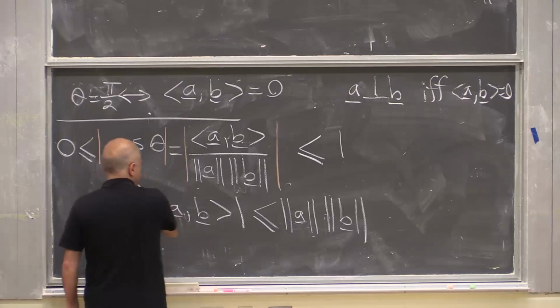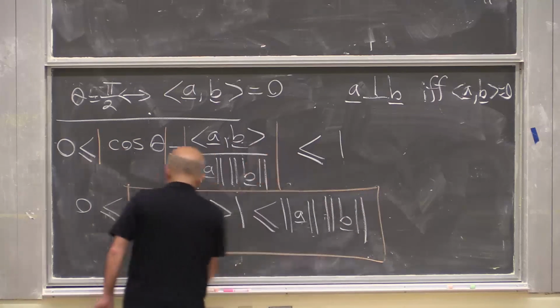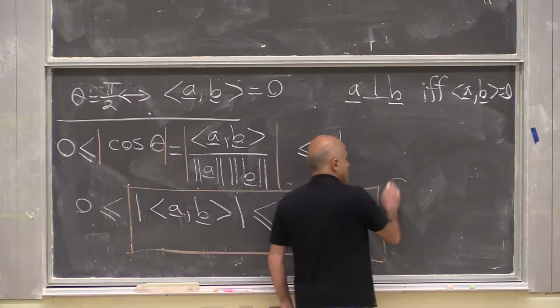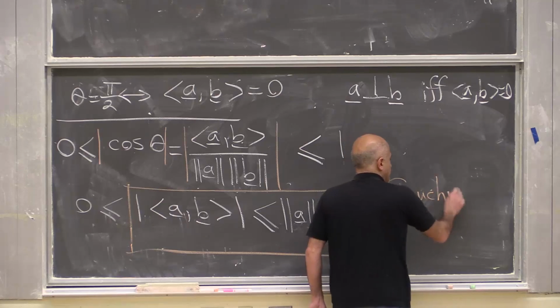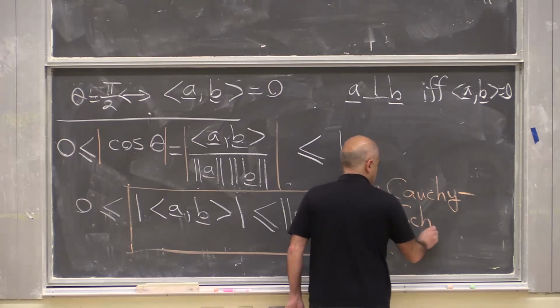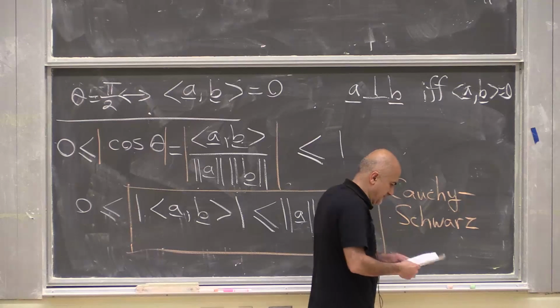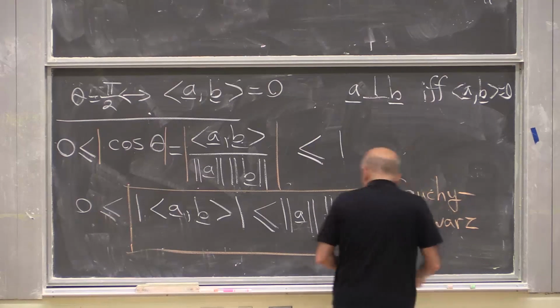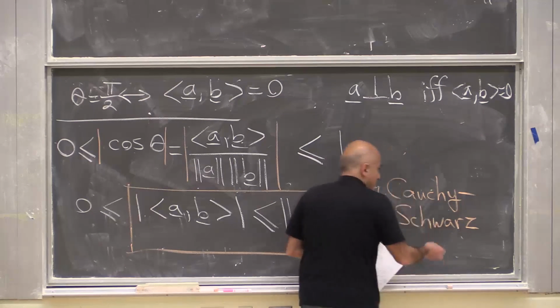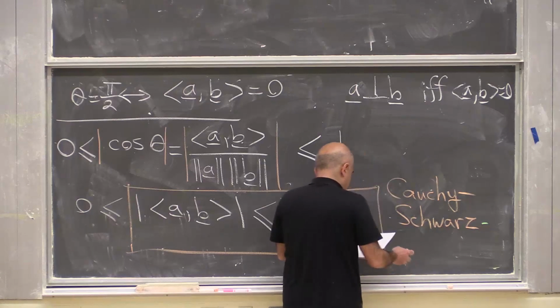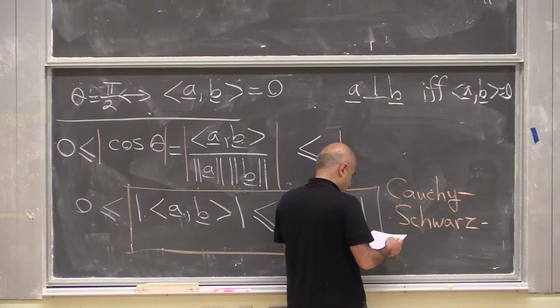This inequality is called the Cauchy-Schwarz inequality. Actually, there's a third person involved. May as well introduce the poor guy who's always left out.